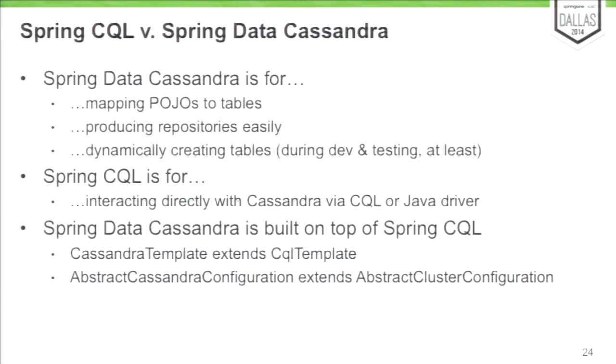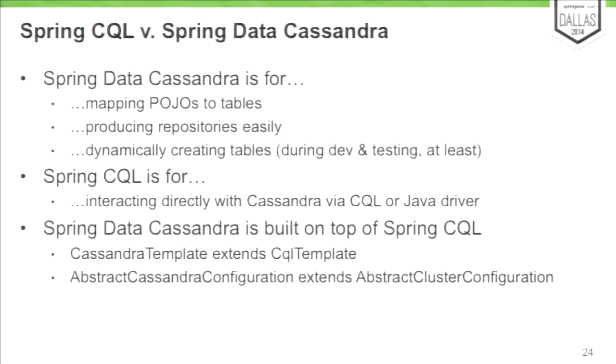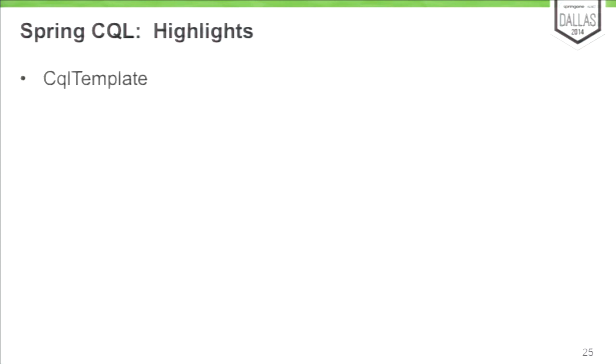So even if you don't want all the POJO goodness and all the repository goodness, you can still make use of this project using Spring CQL. Oh, in fact, note there, the abstract Cassandra configuration, that dependence goes all the way down to the configuration level. Our Spring Data Cassandra configuration classes actually extend the Spring CQL configuration classes. So that's very much on purpose.